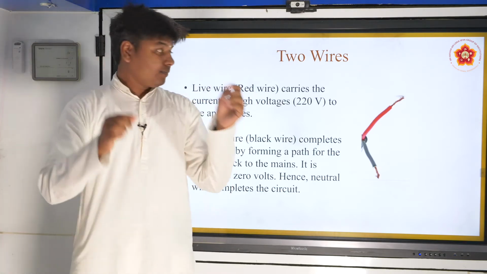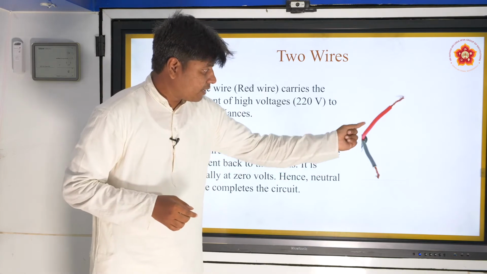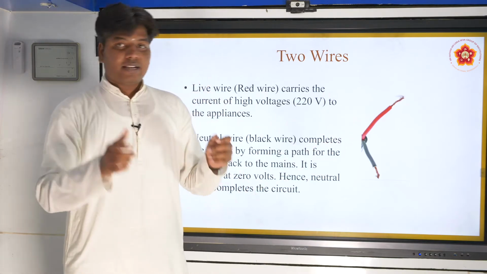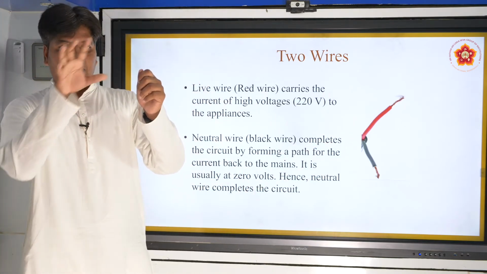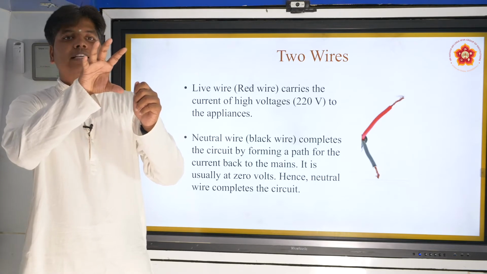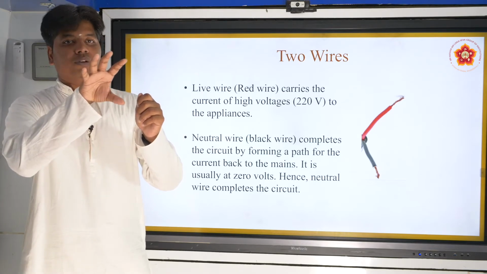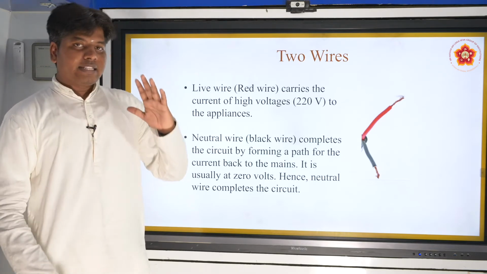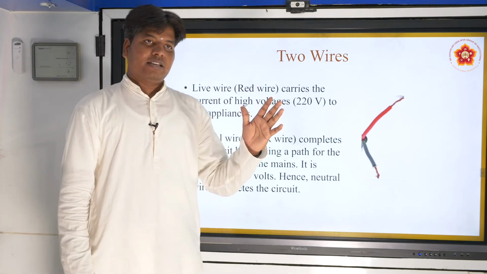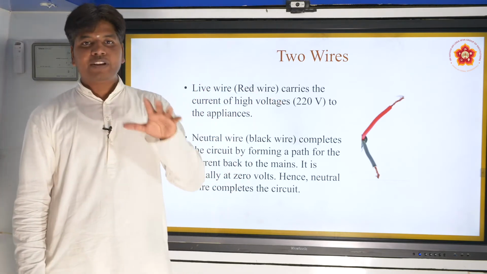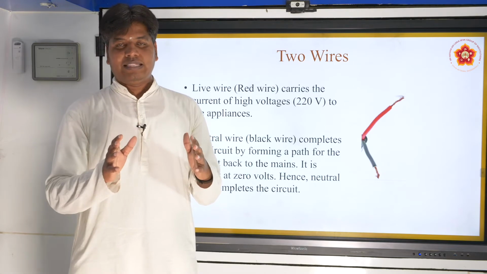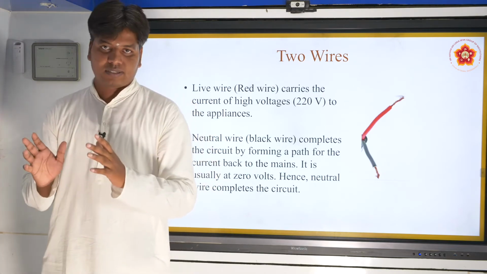Hence, the potential difference between the live wire and the neutral wire across the appliance is maintained at 220 volts. So, in the view of the power station, every house is an appliance. They are supplying 220 volts.